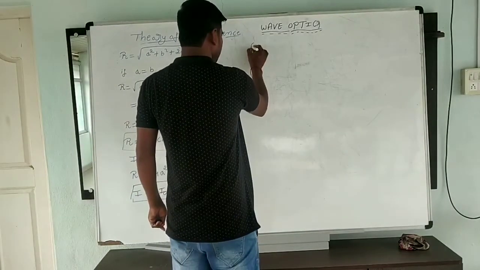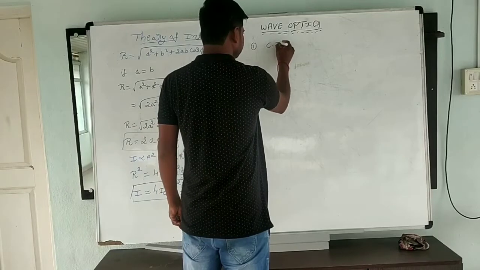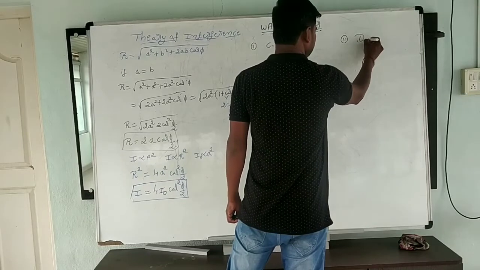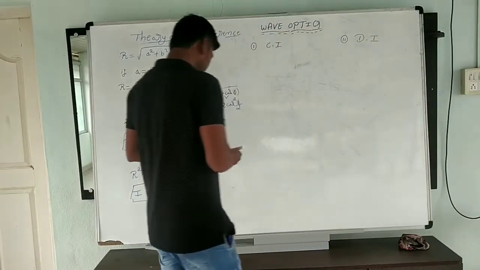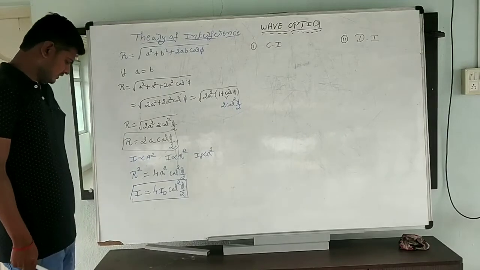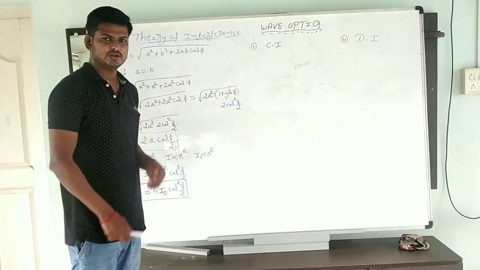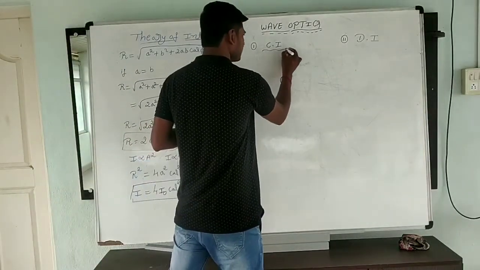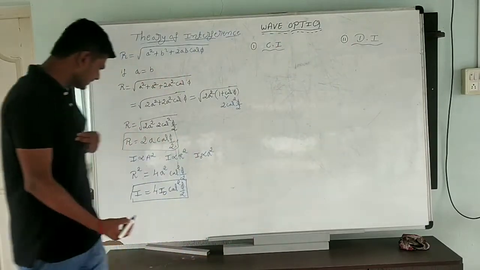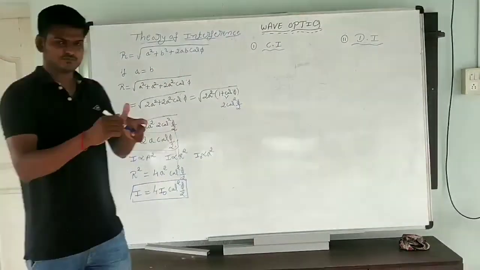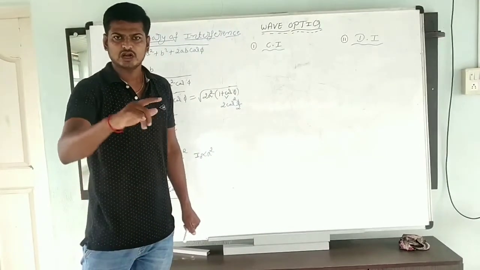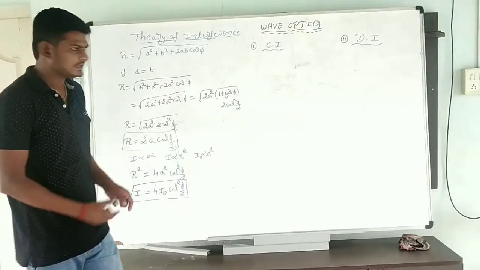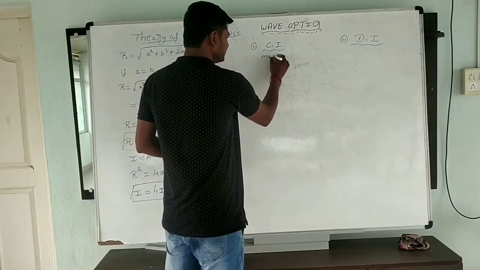First one I am going to take constructive interference, second one destructive interference. In constructive interference, the crest of one wave falls on the crest of another wave, or the trough of one wave falls on the trough of another wave, so the resultant intensity will be maximum.